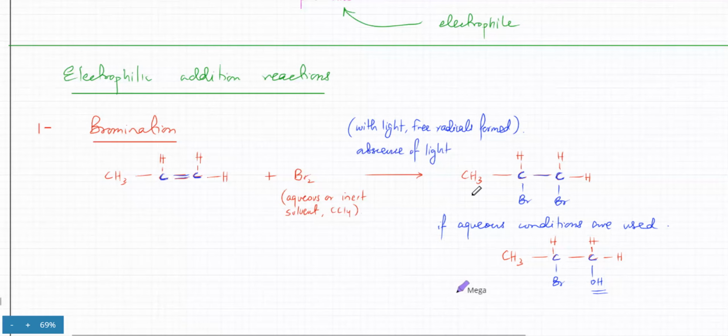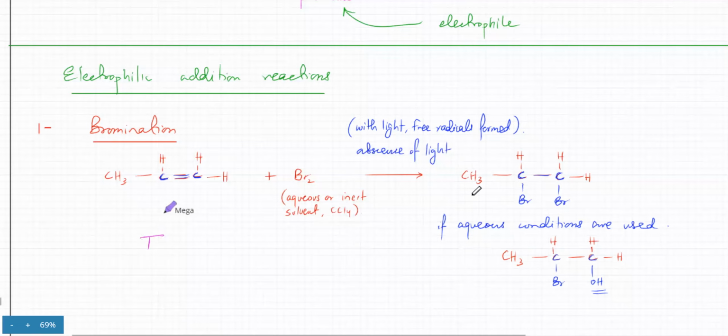Does anyone know the significance of this reaction? Where was it used and why was it used? Bromination of alkenes. Anyone from O levels? What was the main purpose? Sir, to test these hydrocarbons. Exactly. Basically, it was a test for identification of alkenes. It would decolorize, I guess. Yes.